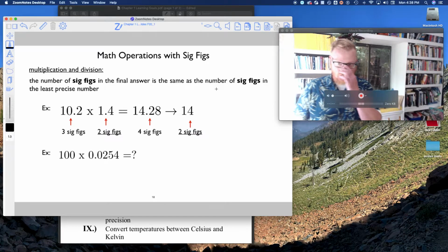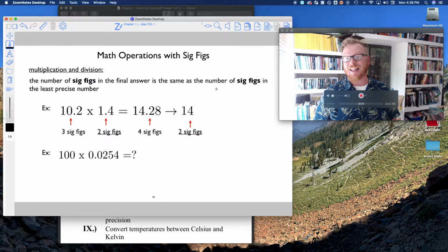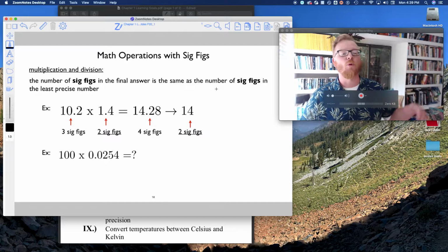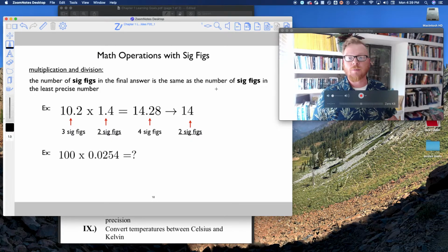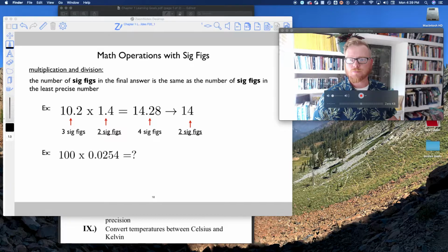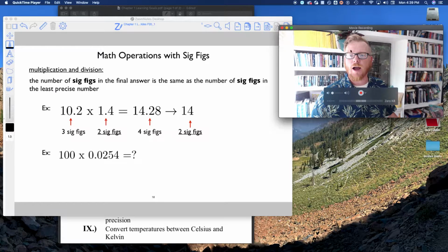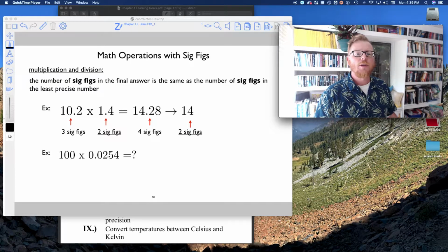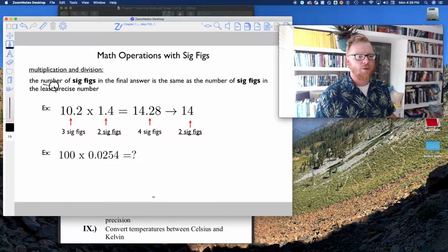So there are two classes of operations we want to think of when counting significant figures. Multiplication and division both have the same rule, so I'm going to combine them together. When we do multiplication and division, it's all about the number of sig figs.